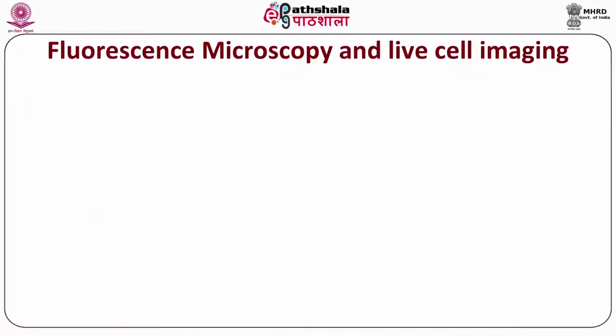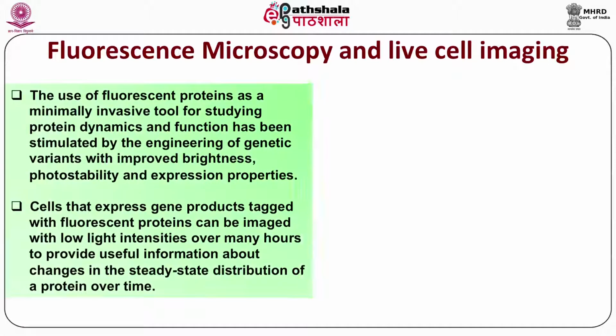Now we discuss the application of green fluorescent protein in fluorescence microscopy to see live imaging of cells. The use of fluorescent protein as a minimally invasive tool for studying protein dynamics and function has been stimulated by engineering of genetic variants with improved brightness, photostability and expression properties.